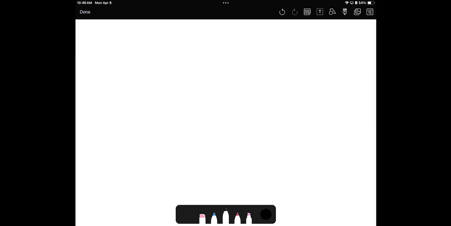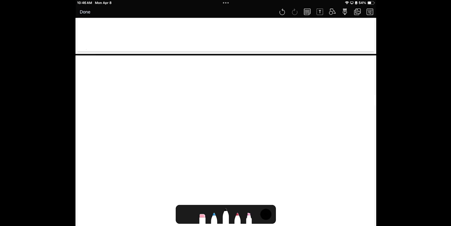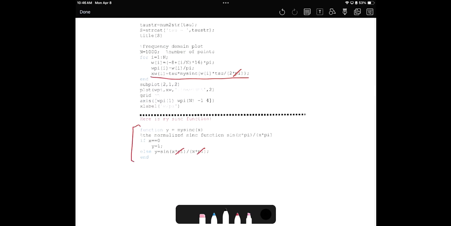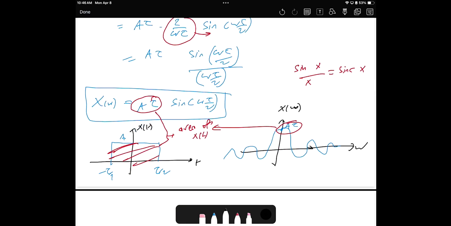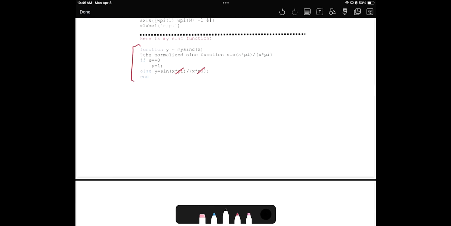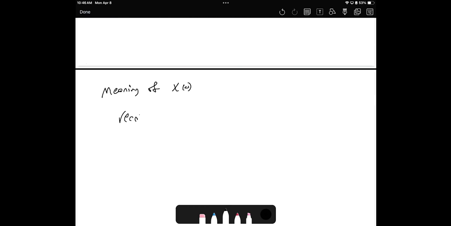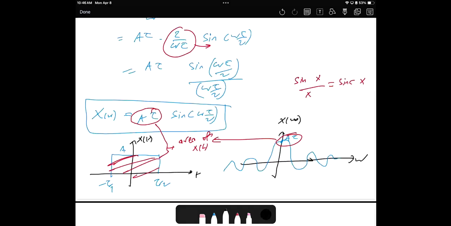Now some observation about x of 0. Meaning of x of 0. Let's recall when I said here x of omega equals A tau sinc of omega tau over 2.